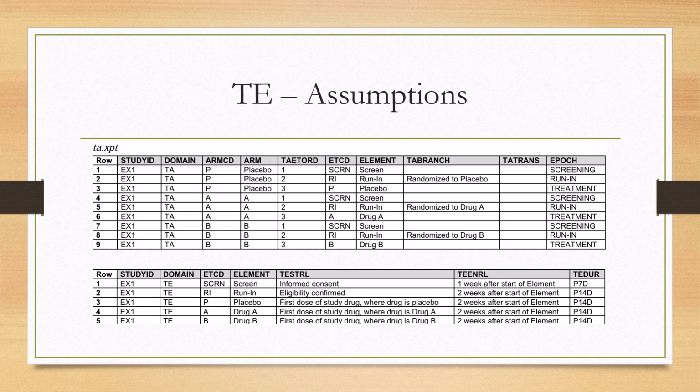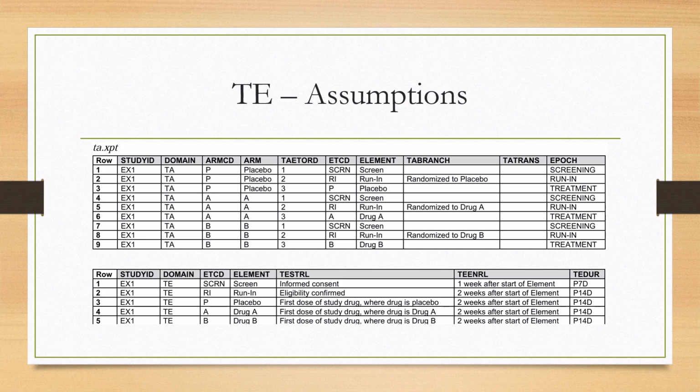The only difference between these three arms is that the third element of each arm is either placebo drug, drug A or drug B. That is, there is a difference in the treatment epoch only.